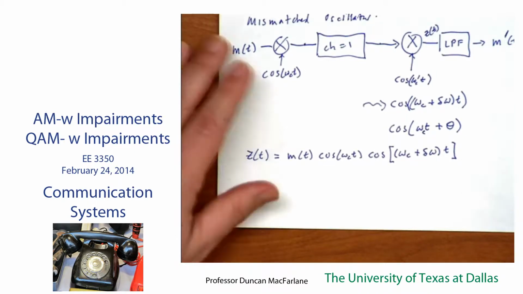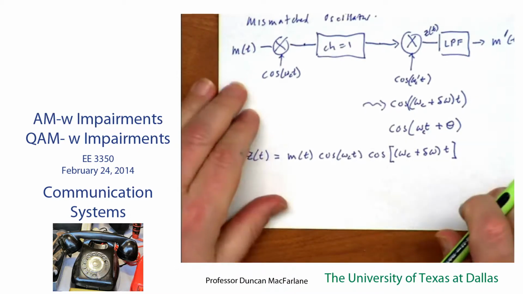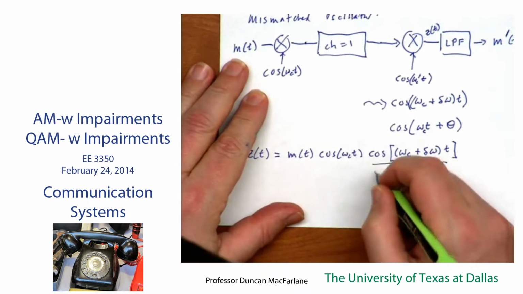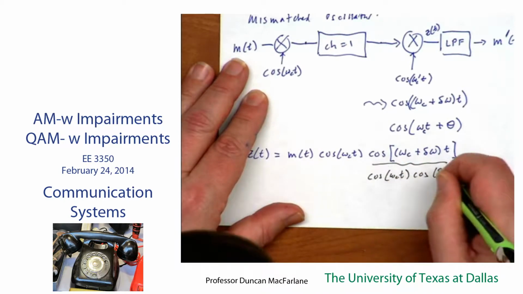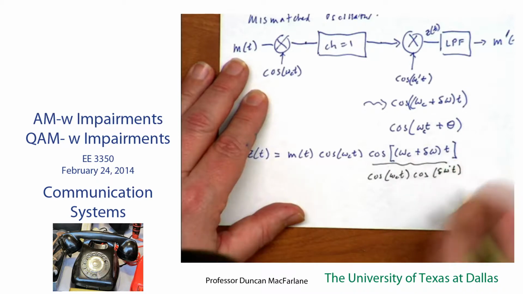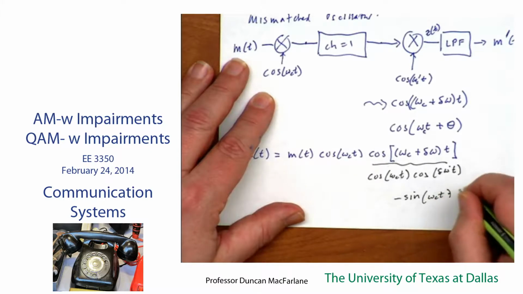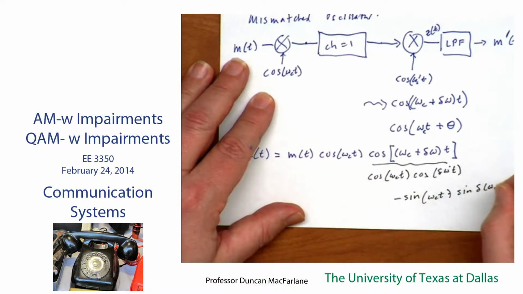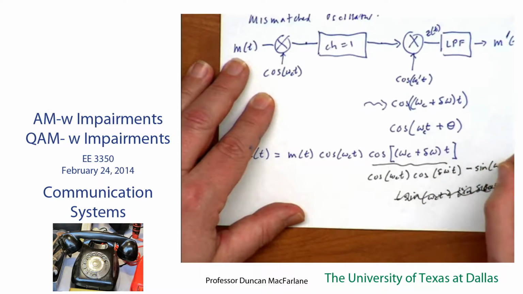Okay. All right. Trig identity, huge here. This is the guy that we operate on. There we go.